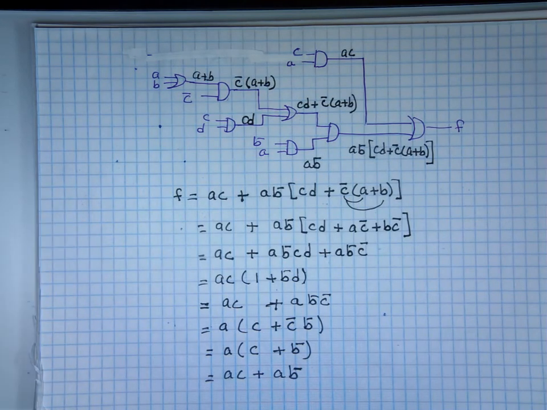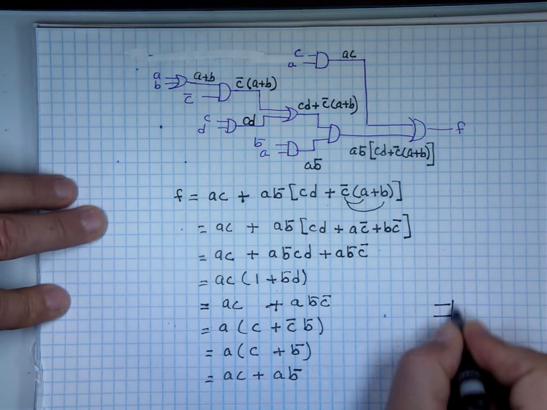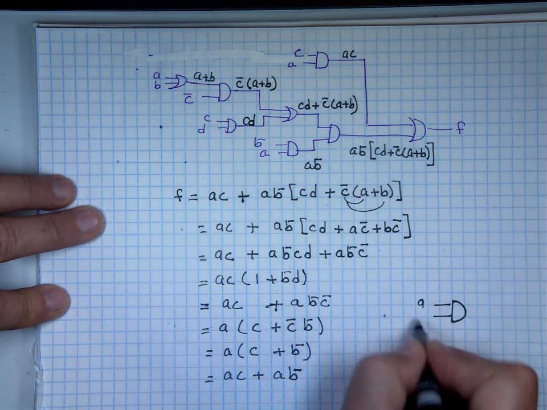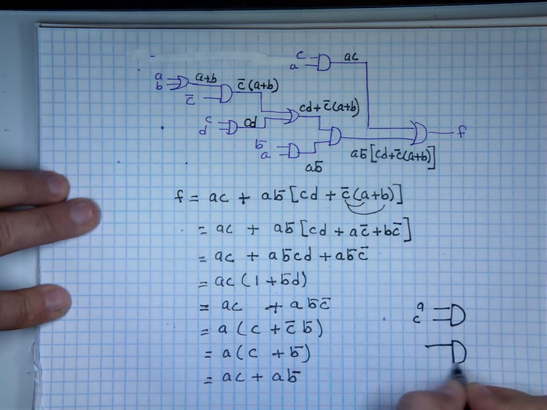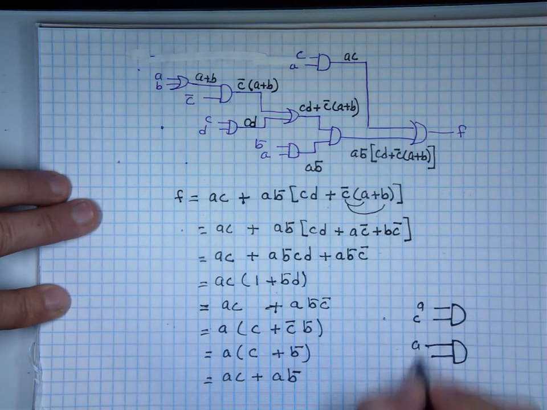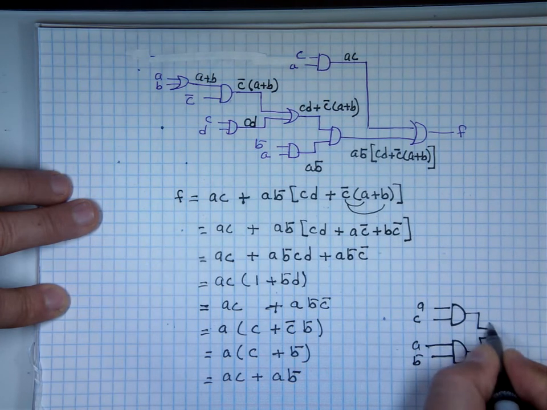So really, that circuit that you see there, I can replace it with 2 AND gates. One has A and C going to it, and this one has A, B bar, and what do you want to do with them? OR them together. This is equal to that circuit.